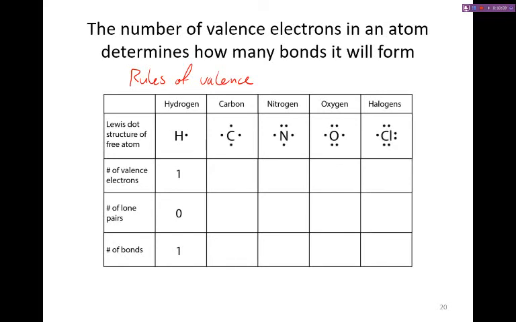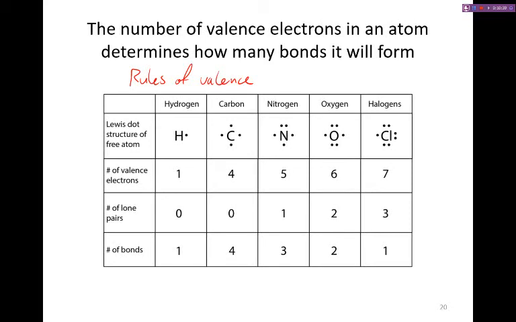Carbon, nitrogen, oxygen, and the halogens have an increasing amount of valence electrons in their outer shell. Carbon is going to typically form 4 bonds. Nitrogen will form 3 bonds and 1 set of lone pair. Oxygen, 2 bonds and 1 set of lone pair. And halogens, 1 bond and 3 sets of lone pair.